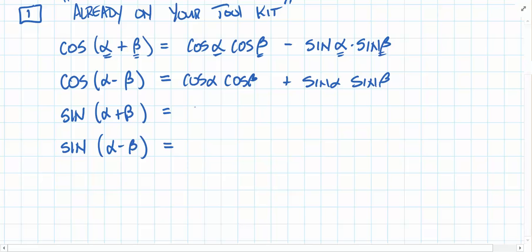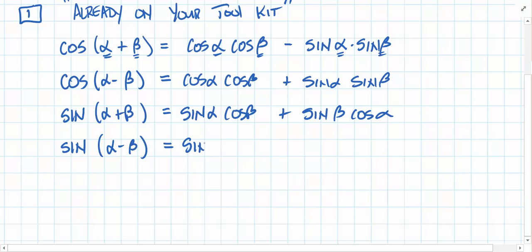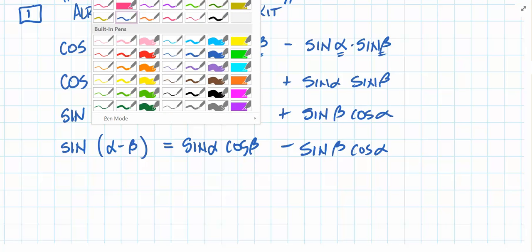Sine alpha plus beta is sine alpha times the cosine of beta plus the sine of beta times the cosine of alpha. And last one, sine alpha minus beta is sine alpha times cosine beta minus sine beta cosine alpha.